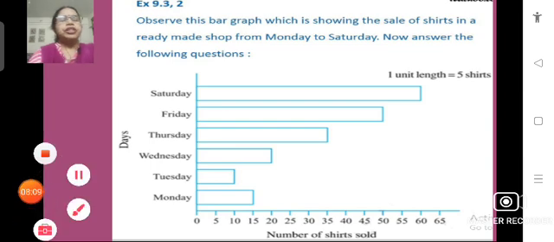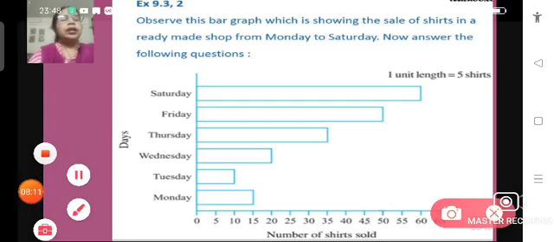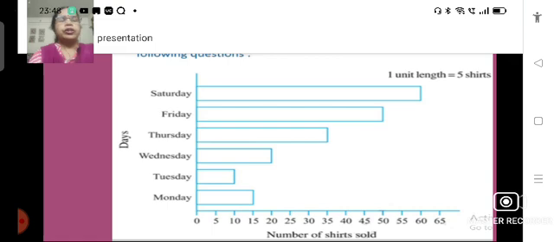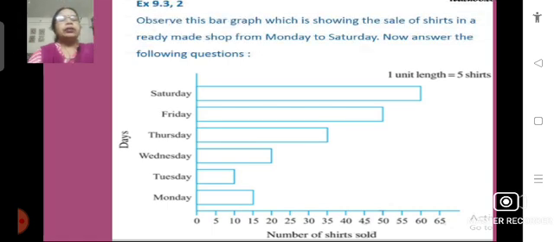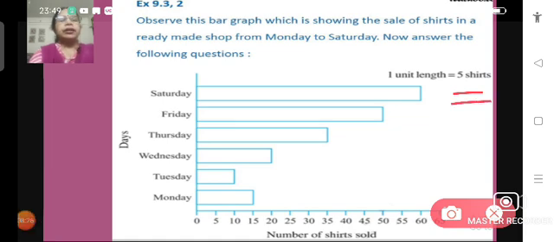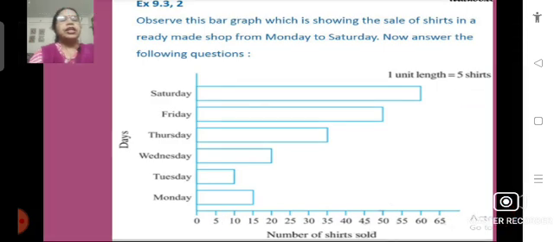So the number of shirts is taken along the x axis and the days are taken along the y axis. The bars will be drawn horizontally. Now here 1 unit length represents 5 shirts. We have to mention the scale always in the bar graph. So 1 unit length here represents 5 shirts.